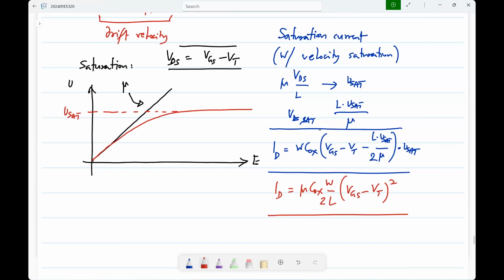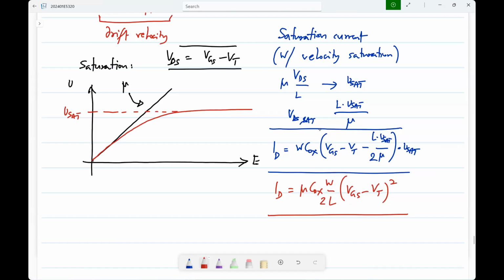Okay, but all I'm saying is that if you take a very long channel transistor in any technology, you are likely to observe the square law behavior. Okay, but at shorter channel lengths, you will not. And then there are lots of other complicated effects which I won't get into. But again, this is something to be aware of. So if you simulate the characteristic of a MOS transistor, you're not going to get square law. You'll get something in the middle.